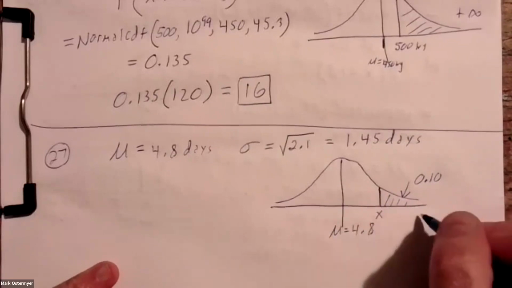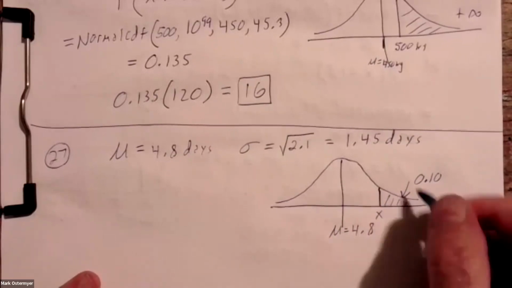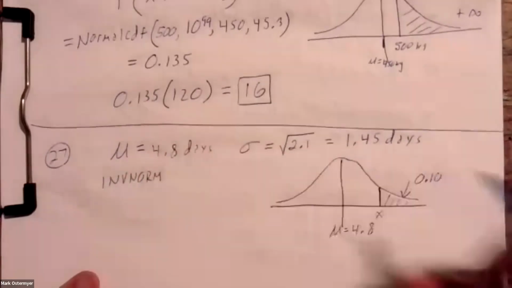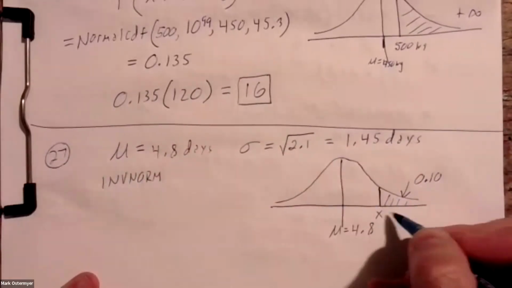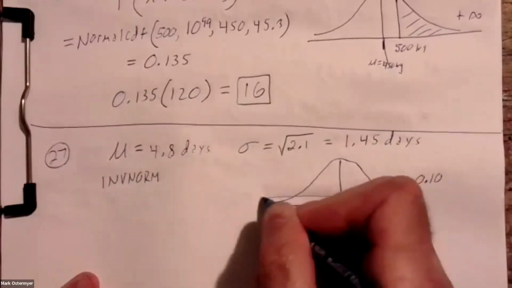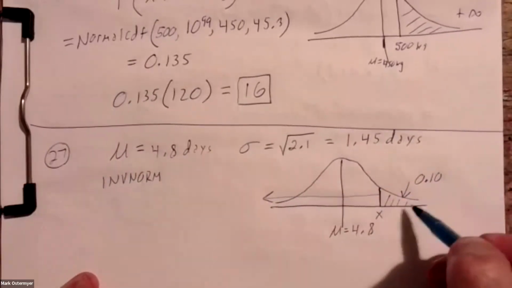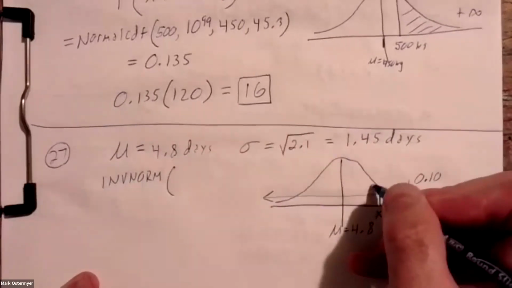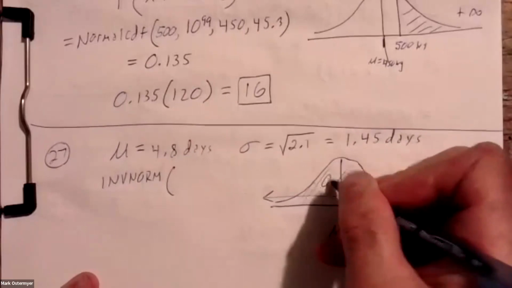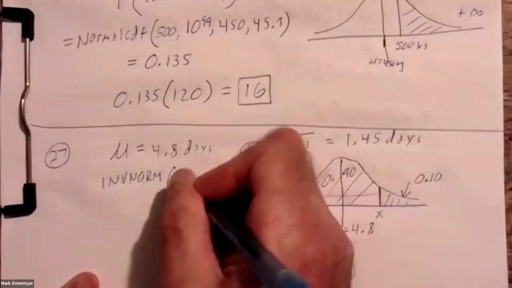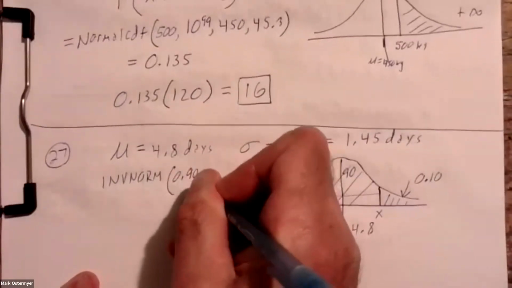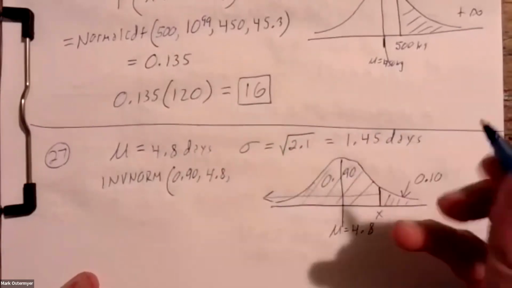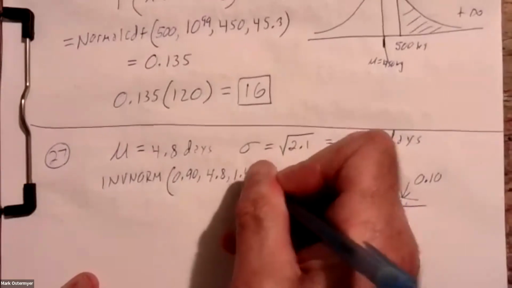Since we're trying to find a value on the horizontal axis and not a probability, we use the inverse norm function. So inverse norm of the area to the left of X, and this area to the left of X is going to be 100% minus 10%, which is 90%. So inverse norm, 0.90. The mean is 4.8, and the standard deviation is 1.45.